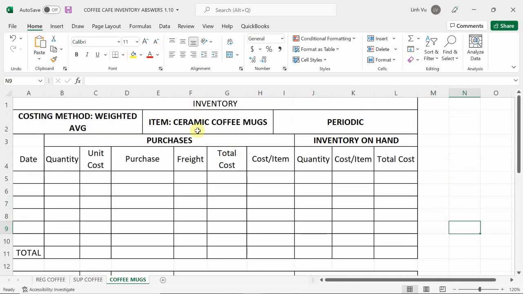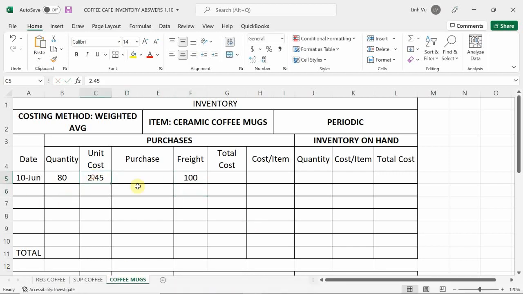We said we're going to sell them, and our costing method is weighted average, okay? And it's periodic. So in this case, we finally received our inventory on June 10. We purchased 80 of them at $2.45 each, and we had a freight cost of $100.